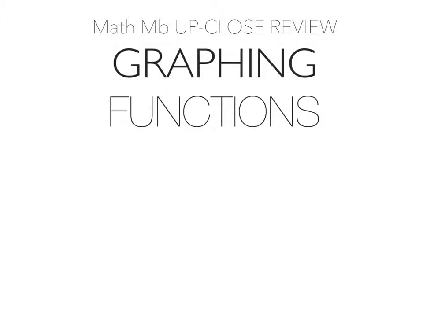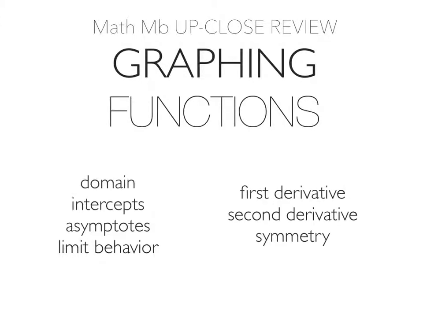Let's take a look. Most of the questions begin by asking where the function's defined. What is its domain? This can also tell you where there are holes or asymptotes, or simply where the function does not exist. Usually that's followed by intercepts, where x is equal to 0 or y is equal to 0.